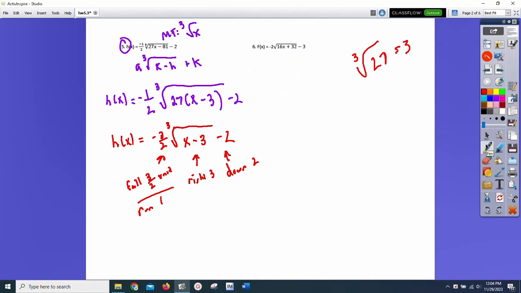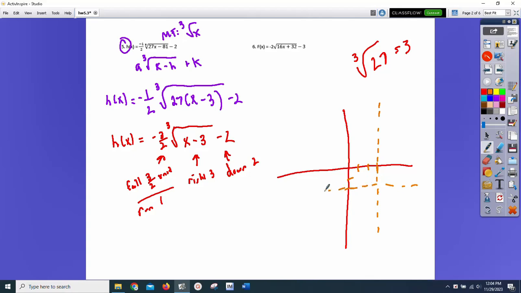Again, hopefully your ISO rating's small. All right, what do we got here? We're going to go right 3. We're going to go down 2. And there's our new origin.